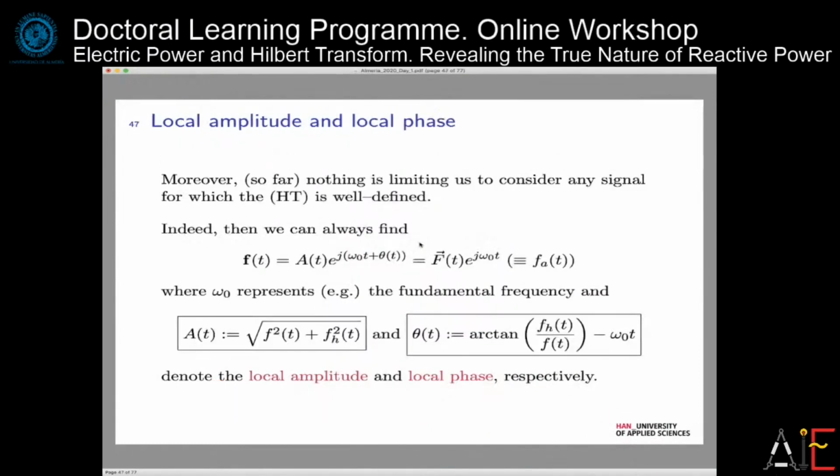Well, these time varying amplitudes and these time varying phases you can define very precisely, and that's done like here. So if this is our analytical signal, we have a time varying amplitude and a time varying phase, and we designate this omega naught as the 50 hertz component, or the 60 hertz if you like, just the fundamental, the most dominating frequency.